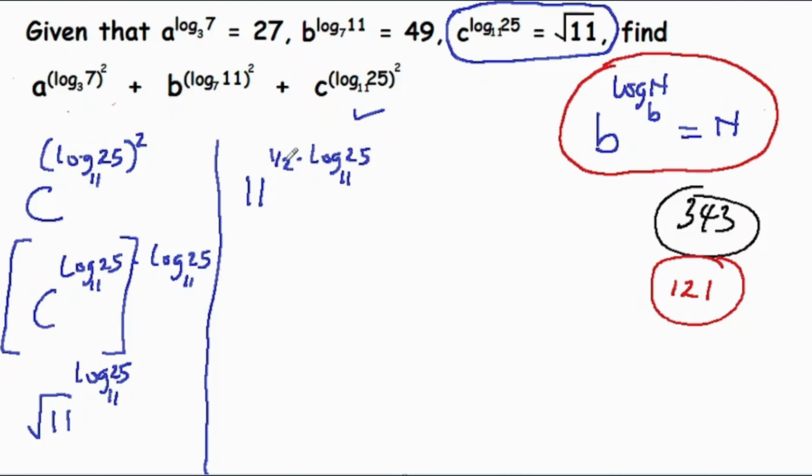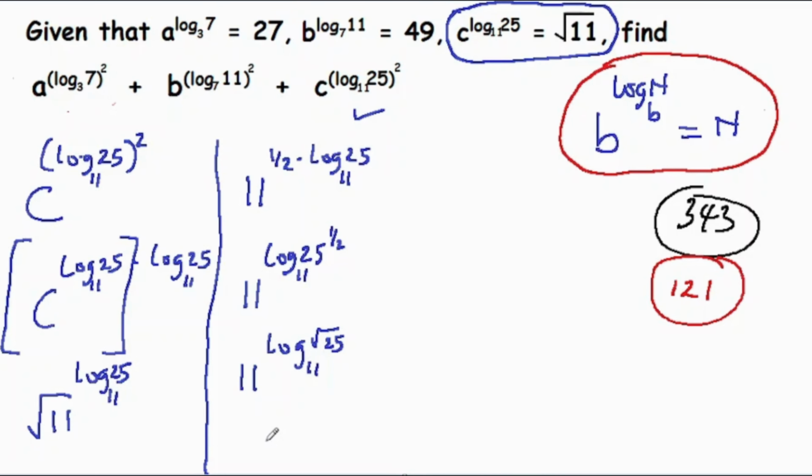Good. So we flip half to become the power of 25. So we're going to have 11 raised to power log 25 raised to power half, base 11. 25 raised to power half is the same thing as the square root of 25. So we have 11 raised to power log square root of 25 base 11.